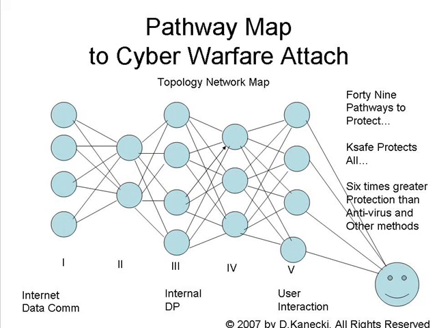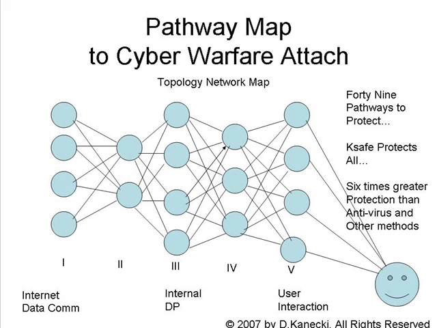And what that means is when you do a combinatorial analysis on the nodes, there are technically 49 ways information can travel from your computer to the recipient, 49 pathways, from the internet data connection at level 1 to the internal data processing at level 3 and to the user interaction at level 5.